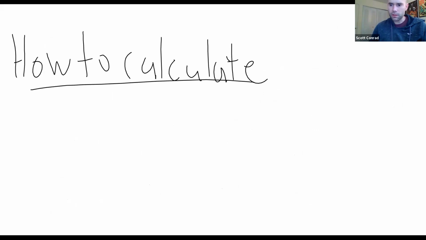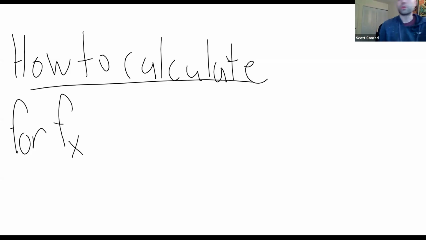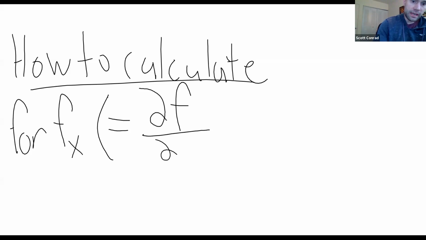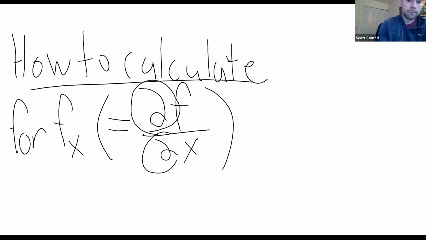Okay, so basically, when we want to calculate the partial with respect to x, and just as a reminder, another way of writing the partial with respect to x is df dx, except now we're using these fancy d's here, these curvy d's, instead of the regular d.